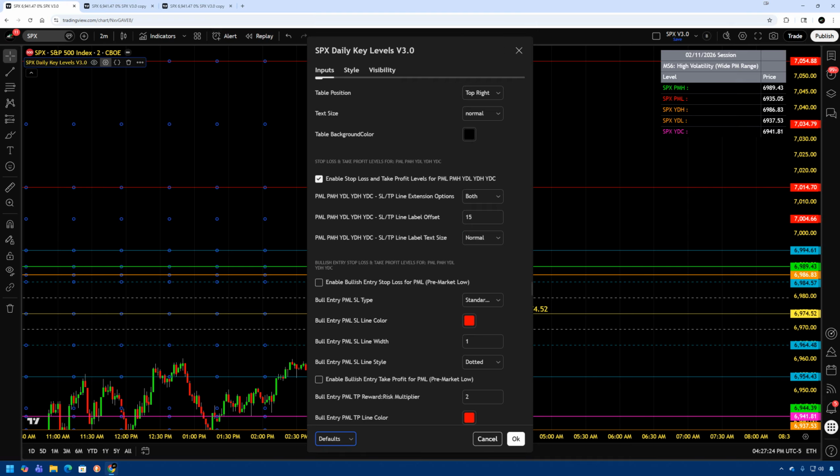So this is a new trading toolkit for users who desire to take directional trades off of any of the PMH, PML, YDH, YDL, and YDC key levels.